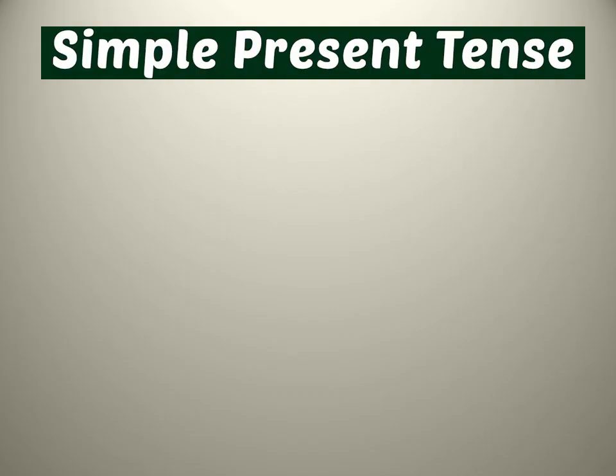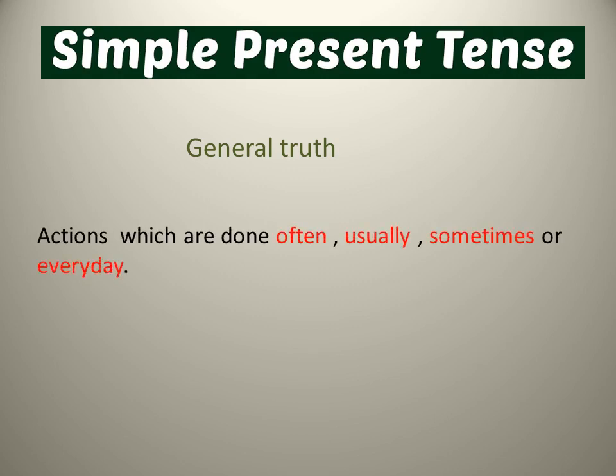Children, before starting the work, let's learn what the simple present tense is. We use simple present tense for things that are general truth, and it is also used for actions which are done often, usually, sometimes, or every day. Children, there are some rules to make simple present tense.